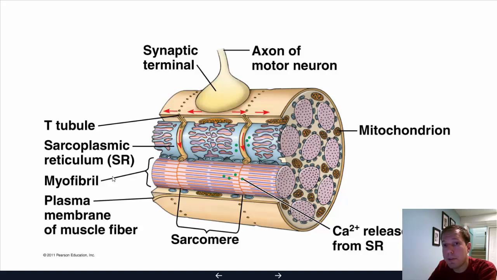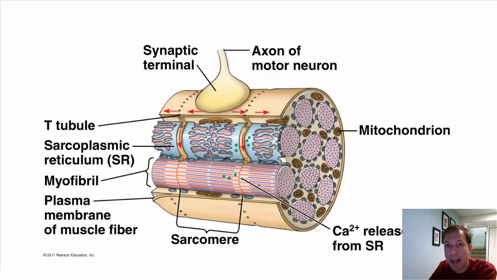Now the sarcoplasmic reticulum is filled with calcium. So as soon as the acetylcholine, the neurotransmitter, is released, travels down the T-tubule and attaches to receptors on the sarcoplasmic reticulum, calcium is going to be released from the SR across the length of the myofibril, where it can attach to that troponin and cause the tropomyosin to move out of the way and allow for the initiation of a contraction.